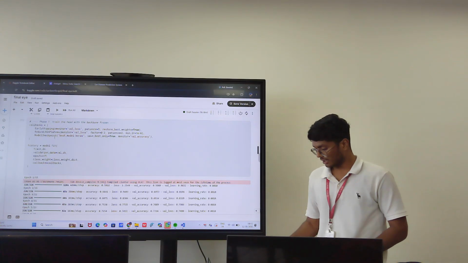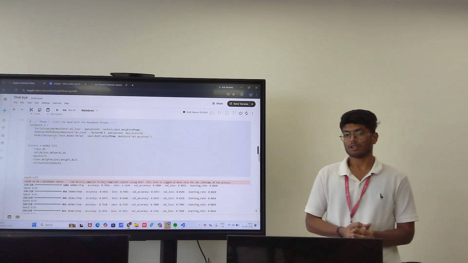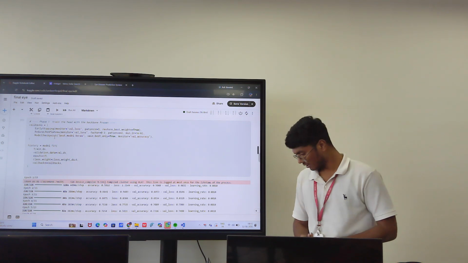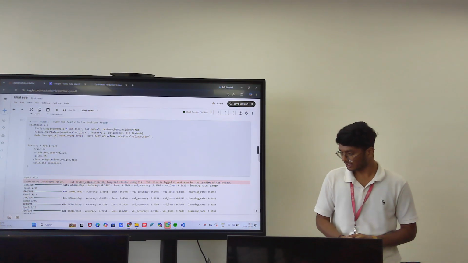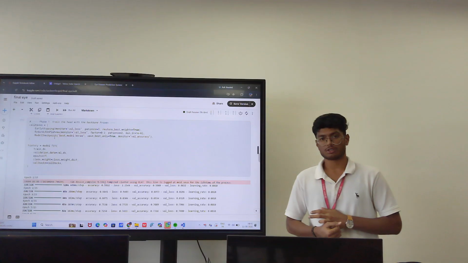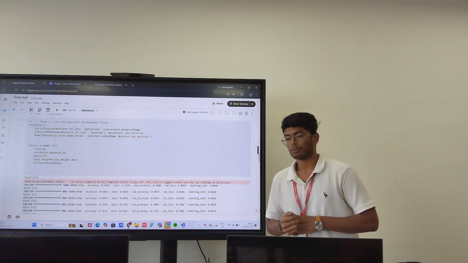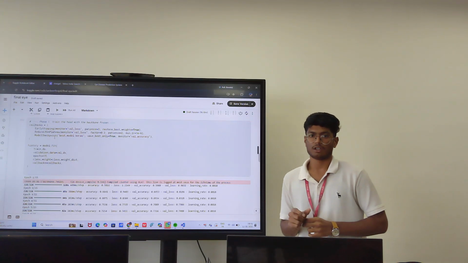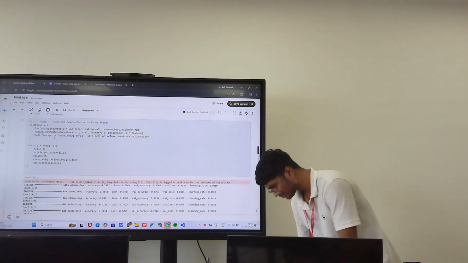The reduce LR callback: if the model accuracy doesn't increase after a patience of 2, a factor of 0.3 is applied to reduce the learning rate. And the model checkpoint: if the model hits a best accuracy, then the model is saved. Here the checkpoint is used for the best model.